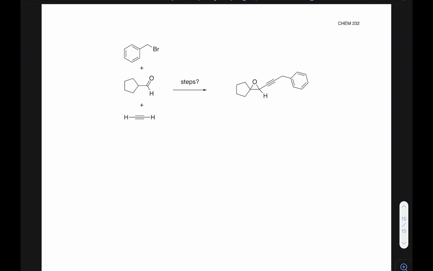You can take a crack at it on your own if you want, but when we come to class, we're going to look at how we make this molecule here, which looks kind of complex, with these starting materials and any reaction we've learned during class.